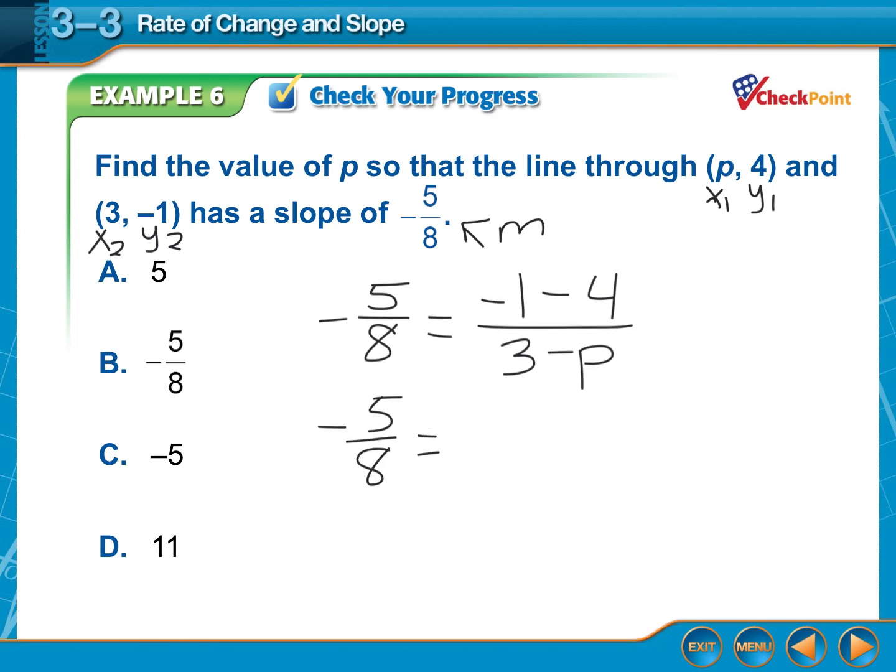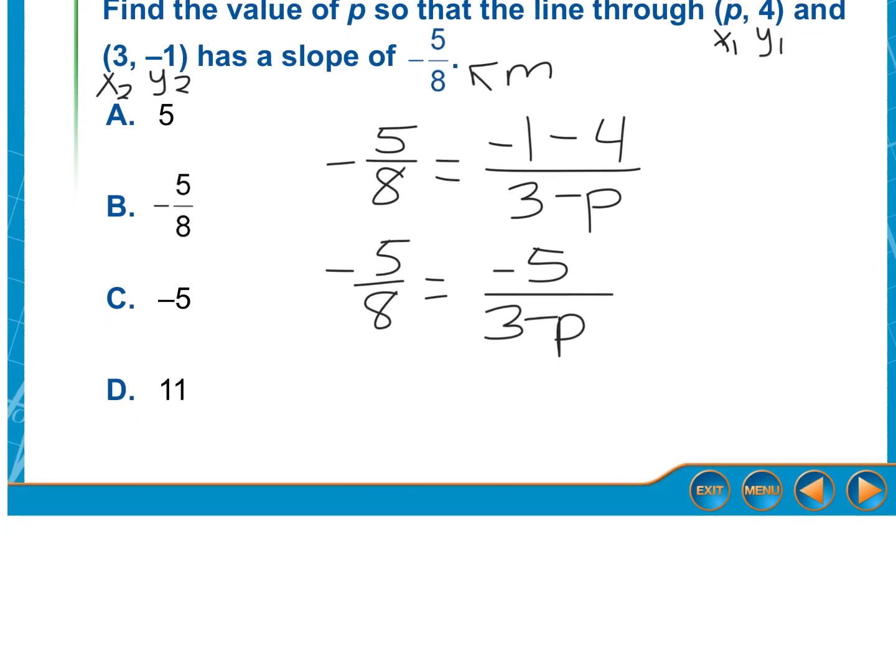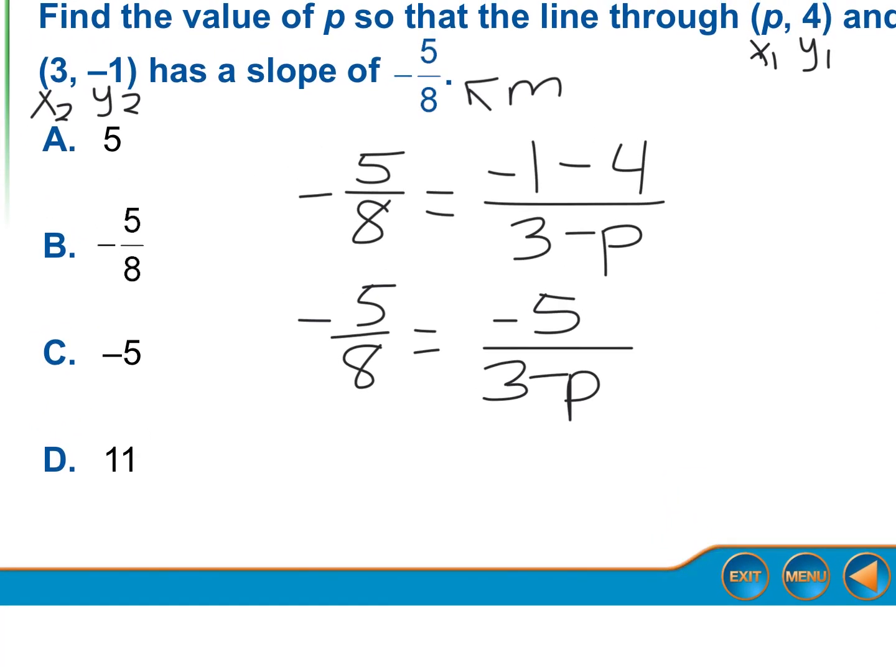What's negative 1 minus 4? Negative 5. We can't do anything with the bottom. Now we have a proportion that you did last chapter, right? How do I solve this? We have that equal sign in there. We have 2 fractions. Oh wait, we multiply.